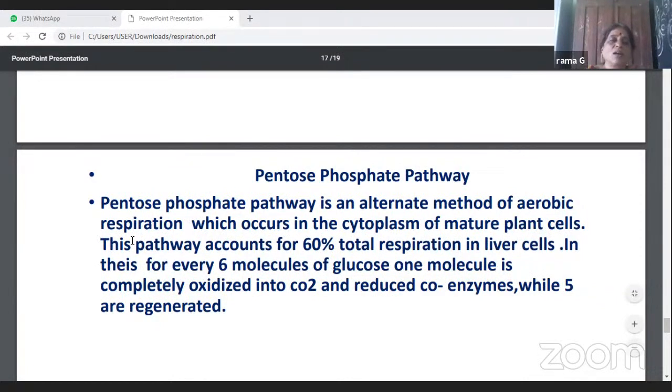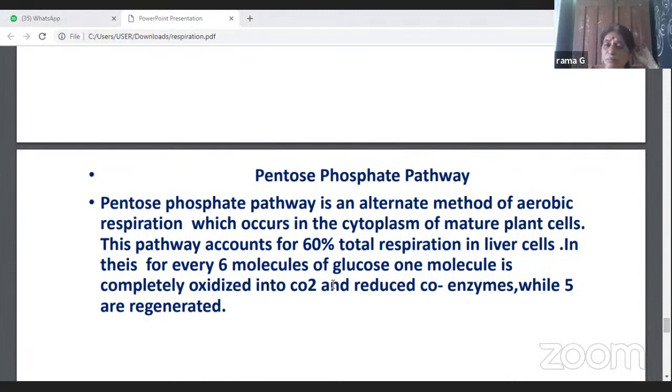That means in one glucose molecule, 6 carbon molecules are there. Out of 6, 1 is totally oxidized during aerobic respiration and results in the formation of a carbon dioxide molecule and reduced coenzymes. And the remaining 5 carbon molecules, why?